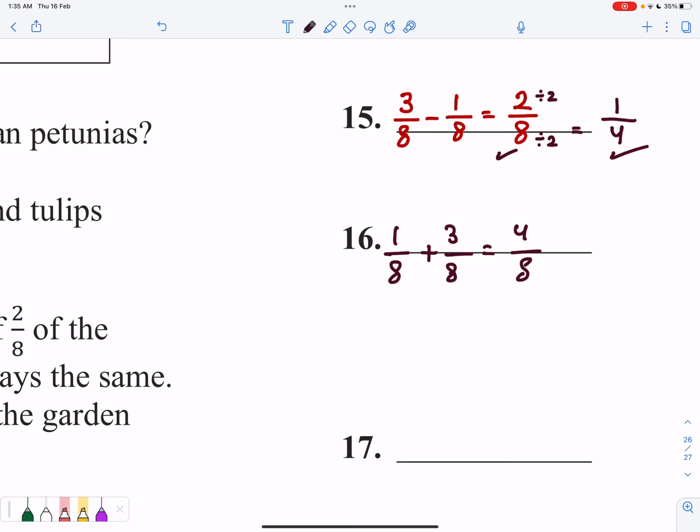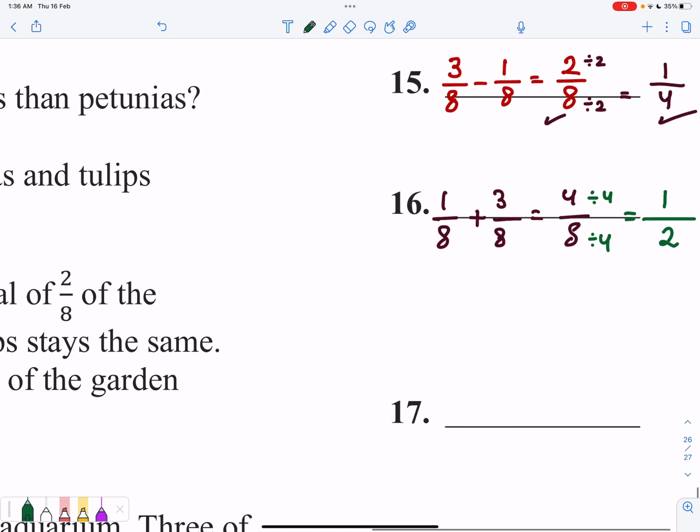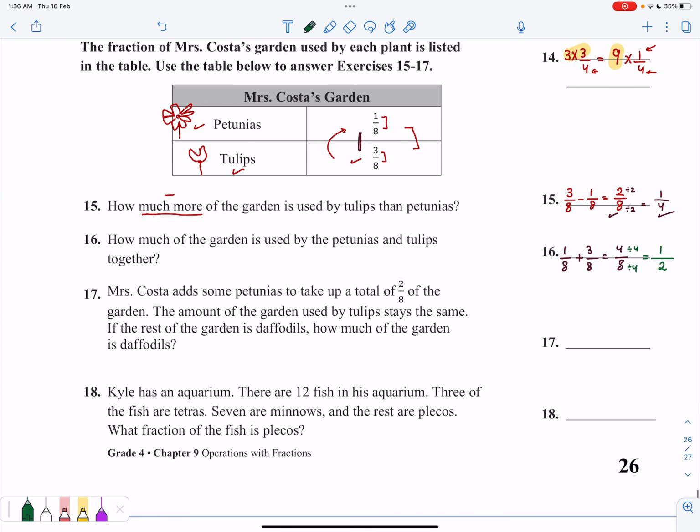Because we always like to simplify, I can divide by 4. 4 divided by 4 is 1, and 8 divided by 4 is 2. So half of the garden is petunias and tulips together.